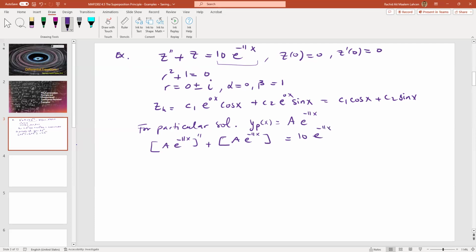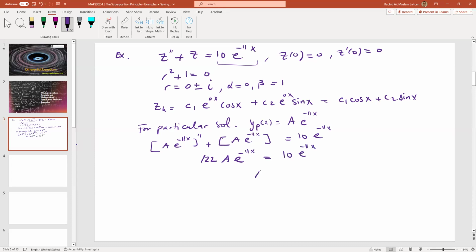All right, so if you do the first and second derivative and replace it there, with the chain rule, we should get 122 times a constant times this exponential function equal to this right-hand side.